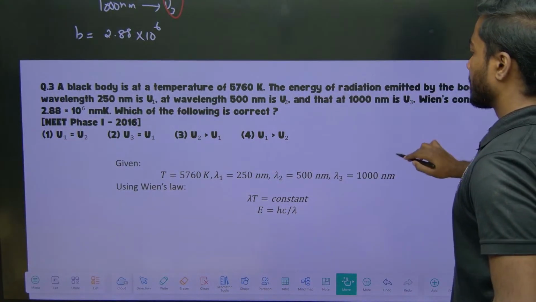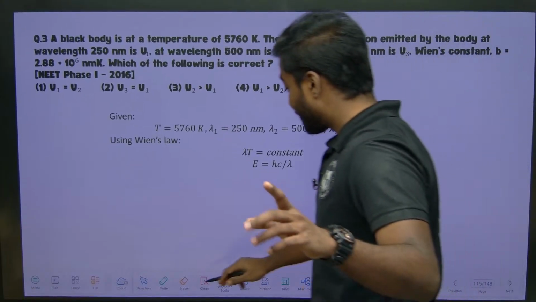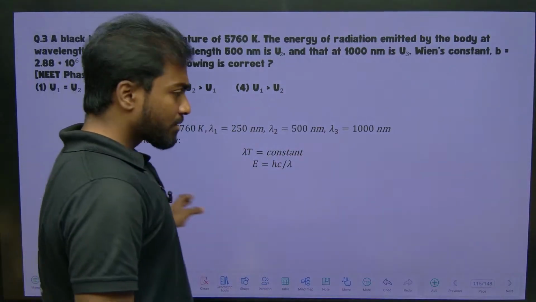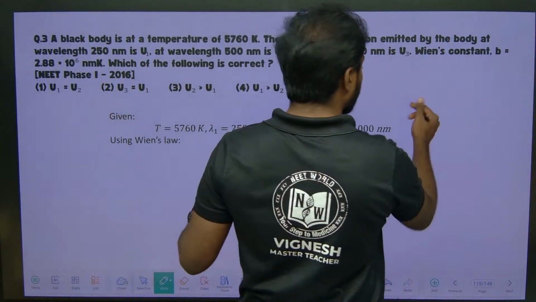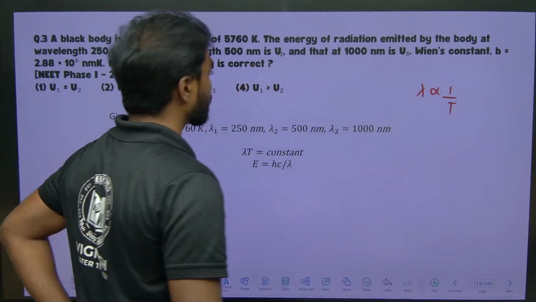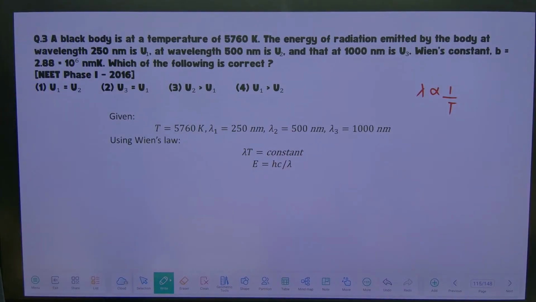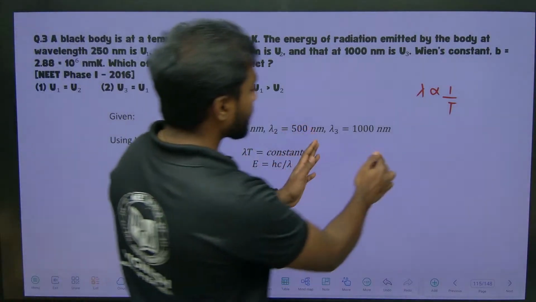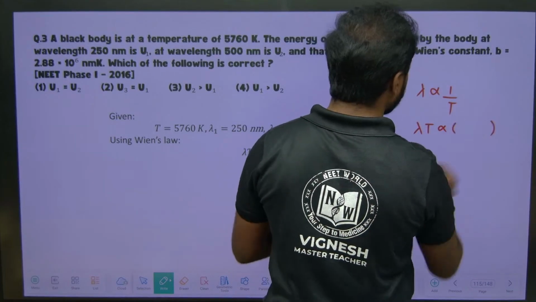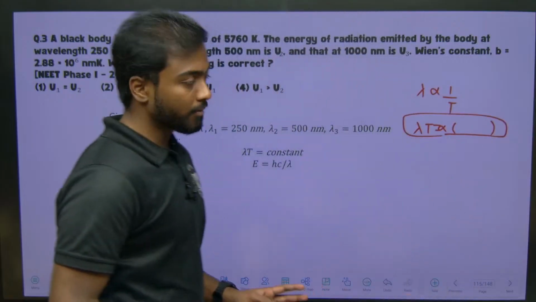If we talk about Wien's displacement law, what have we discussed? Lambda is inversely proportional to T. So lambda into T is some constant, and that constant is Wien's constant we are talking about.